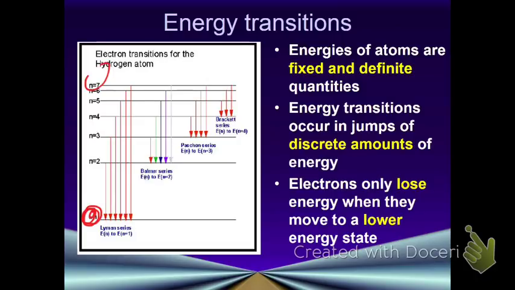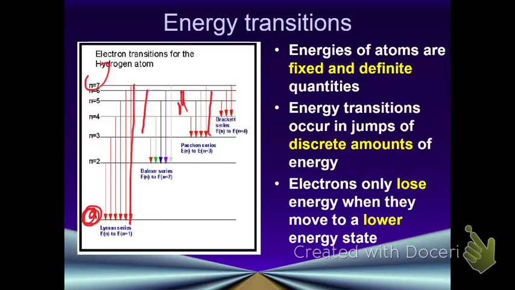This is dropping from n=7 all the way down to n=1, but I can also do n=7 to n=2, n=7 to n=3. So it doesn't have to fall all the way back down. It can just fall between particular energy levels. In other words, I could go from n=6 and fall to n=3. It doesn't have to go all the way down to 1. So I want you to understand that.